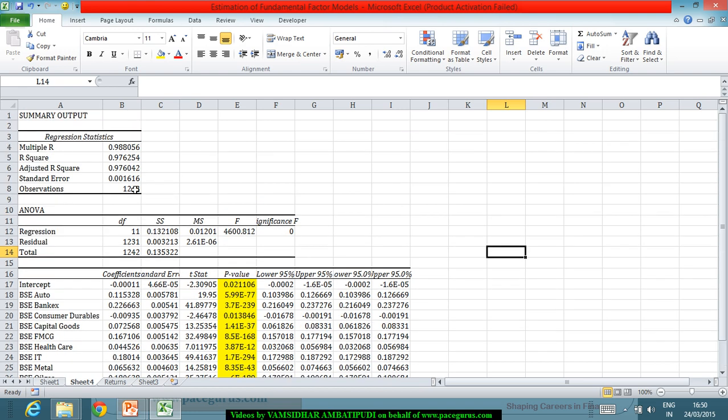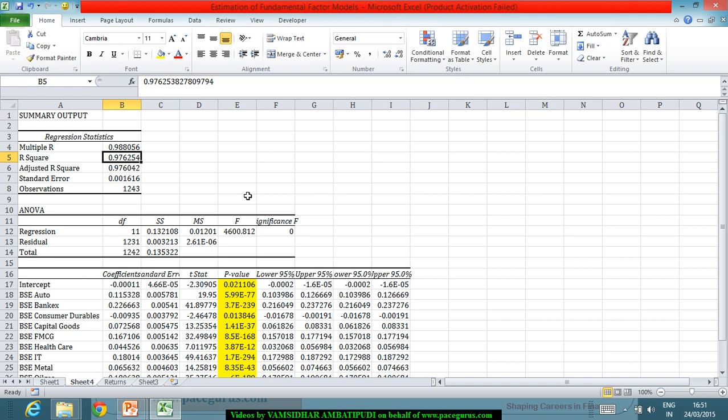And overall, the R squared that is coming out of this model is also almost 97.62%, which is indicating that the return on the overall Sensex can very well be attributed to the returns that are coming up on the various individual indices.